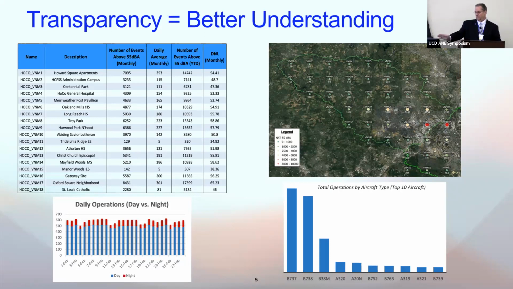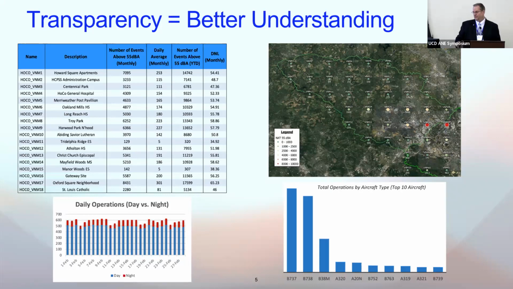The one on the right shows, at each monitor location, the number of times that the instantaneous noise exceeded a particular level. This one happens to be a number above 55.